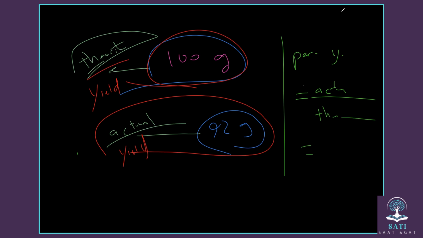So in this case, what will be the percent yield in this question? It's going to be the actual, that is 92, over 100. Then you multiply it by 100, just take it as a percentage, and you will find it 92%. That means 92% of the theoretical calculations, we will find in reality.